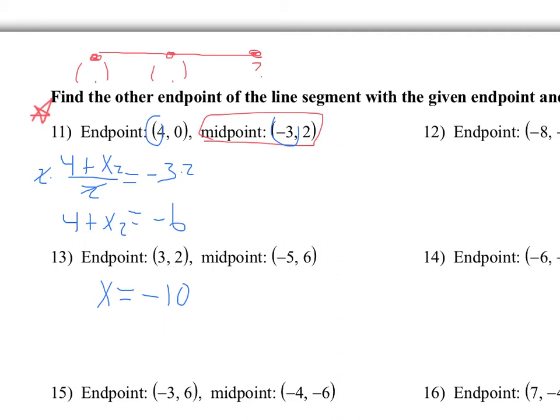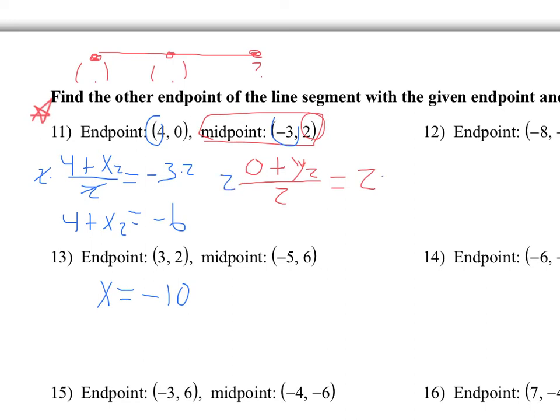And we would do the same for the y's. We'd say, well, I know one endpoint y value. I would add it to the other endpoint if I knew it. When I added them, I would divide by 2, and I would get the midpoint y value. Well, we know it is 2. So if you notice here, the same process will be needed.